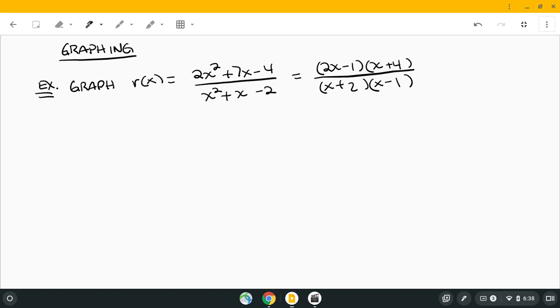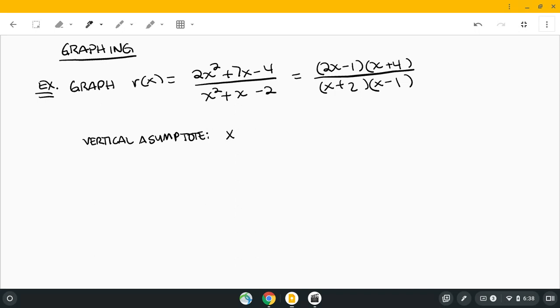All right, so this is what we have, right? Okay, so let's go ahead and find our vertical asymptotes and our horizontal. All right, so our vertical asymptote. So we see here we have vertical asymptotes when the denominator is 0.